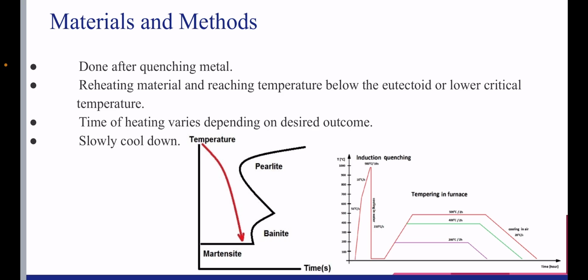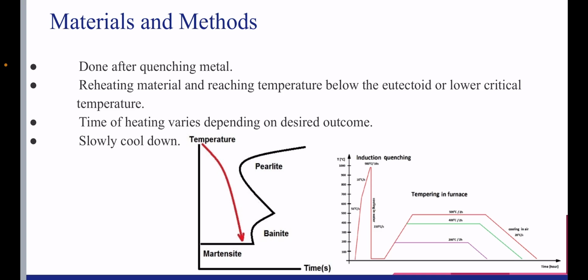The quench is that vertical line down, and then we reheat it back up in some type of a furnace or a kiln. And depending on what properties you want, you may keep it in a little bit longer or use a higher heat. And then we want to just slow cool that material down afterwards to retain those qualities that we obtained from the tempering.